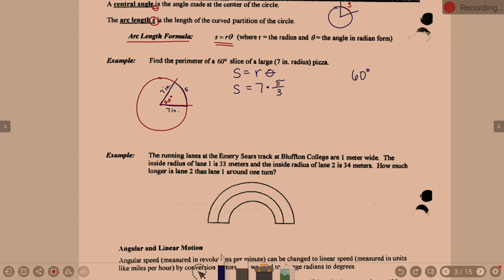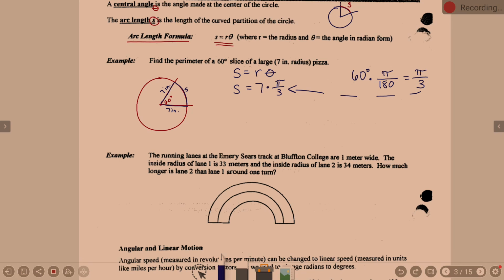But to change 60 to radians, we multiply by pi over 180. And so that is 60 pi over 180, or in other words, 1 pi over 3. So that is where the pi over 3 came from, in case anyone was sitting there saying, why is everyone saying pi over 3?